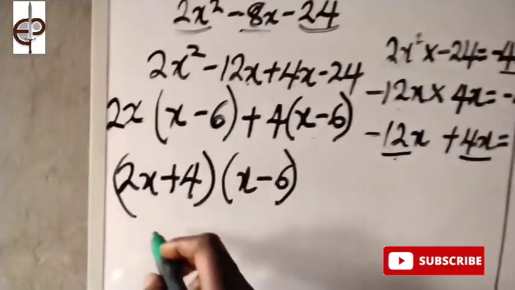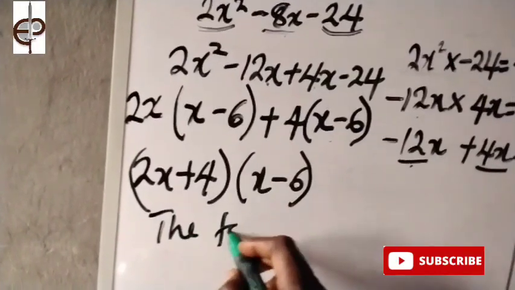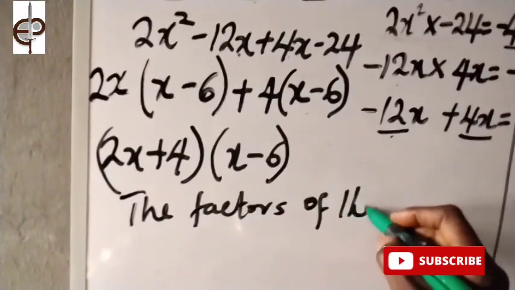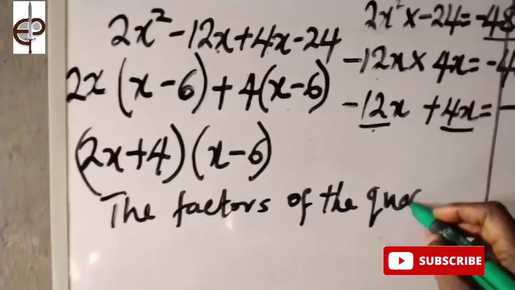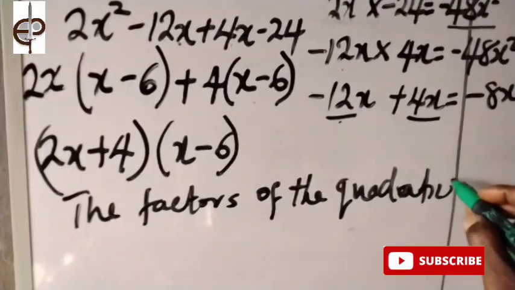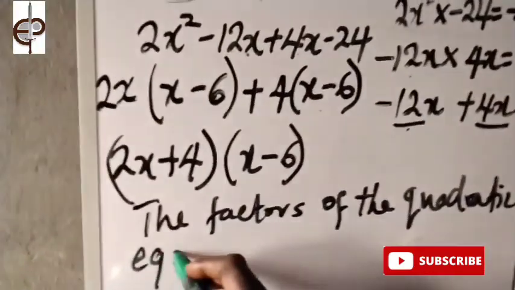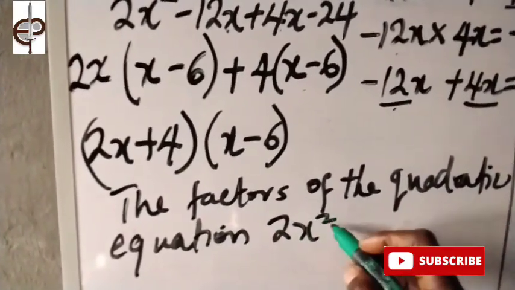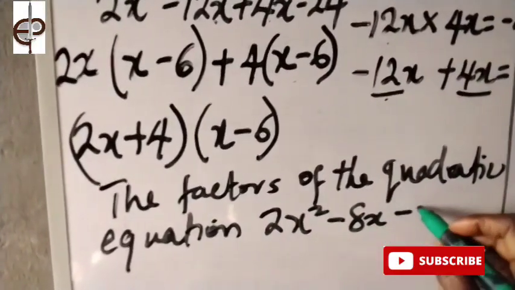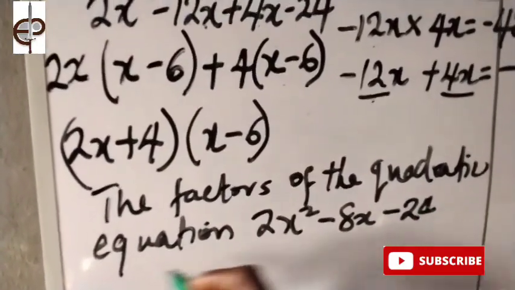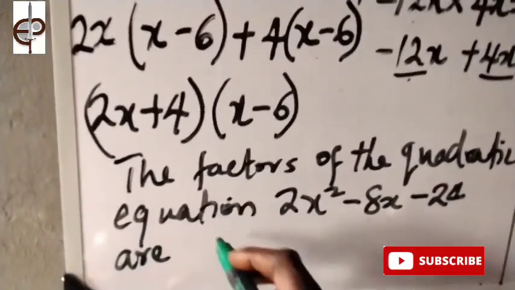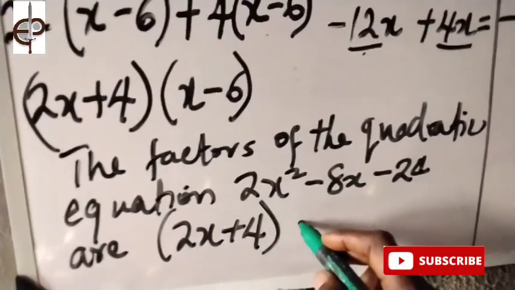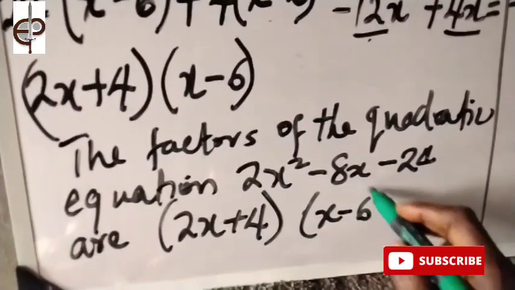So you will say the factors of the quadratic equation 2x squared minus 8x minus 24 are 2x plus 4 and x minus 6.